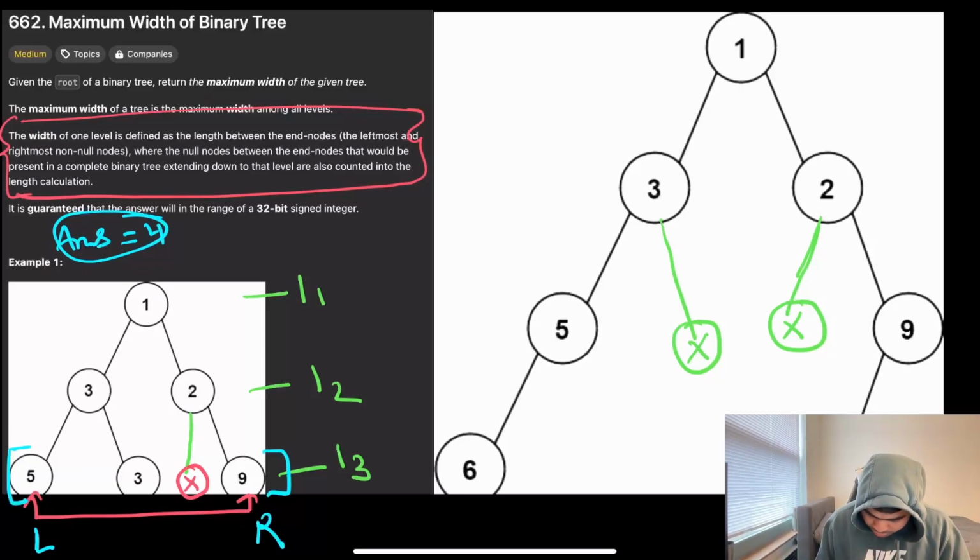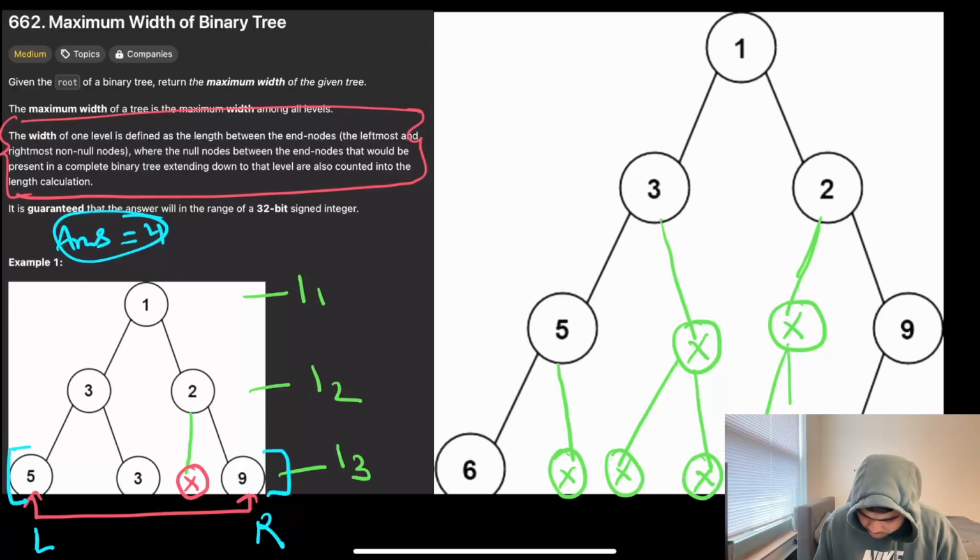Now similarly, 5 was supposed to have a right child over here, and this was supposed to have left and right children, and this was supposed to have 2 children over here. This was supposed to also have a child over here. However, they are not present because it's not a complete or full binary tree, but the width will still exist.